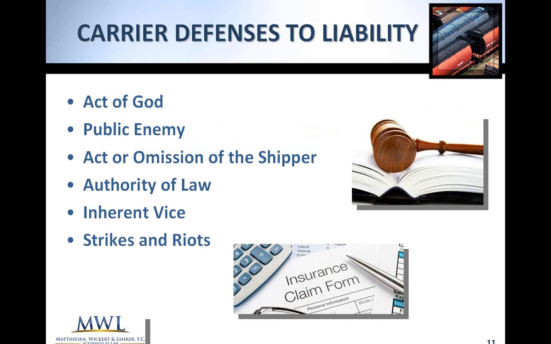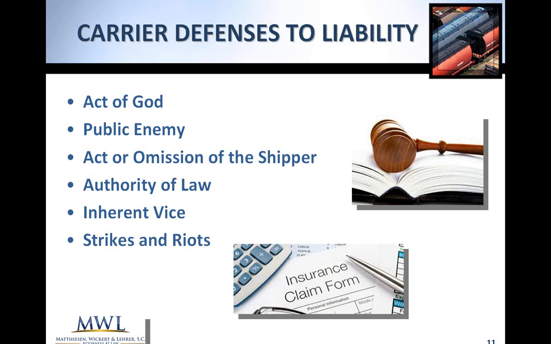Now, once the prima facie case has been established, the carrier has certain defenses to liability. These defenses are act of God, public enemy, act or omission of the shipper, authority of law, inherent vice. This is going to be if there is something inherently defective with the goods.